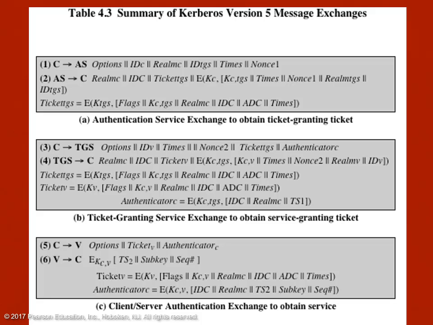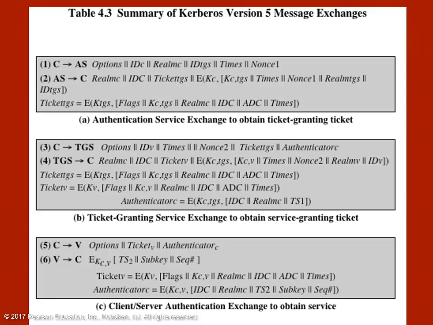Let us now compare the ticket granting service exchange for versions 4 and 5. We see that message 3 for both versions includes an authenticator, a ticket, and the name of the requested service. In addition, version 5 includes requested times and options for the ticket, and a nonce, all with functions similar to those of message 1.